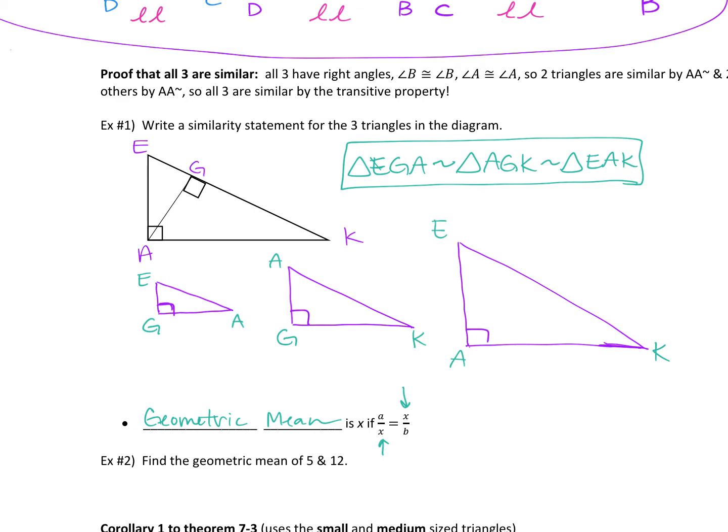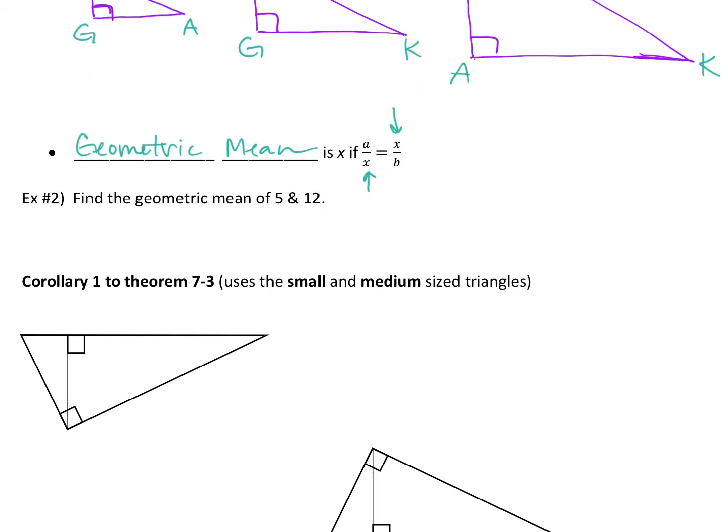So for instance, when they give you a problem like this that says find the geometric mean of 5 and 12, those 2 numbers that they give you are your A and your B. We're gonna say this is A, this is B, and we're gonna set it up as a proportion with the unknown, with what is the geometric mean. So we're gonna say 5 over X equals what? X over 12, okay?